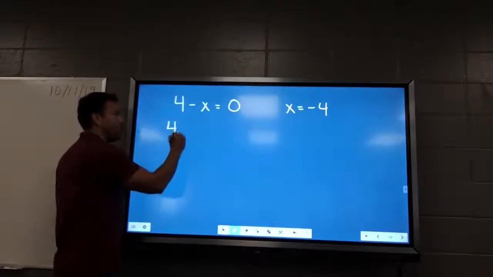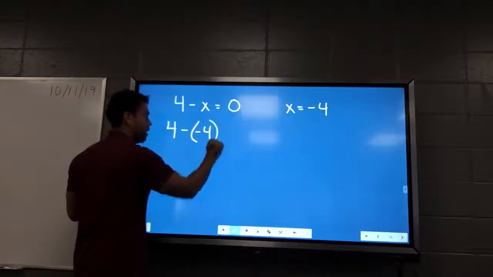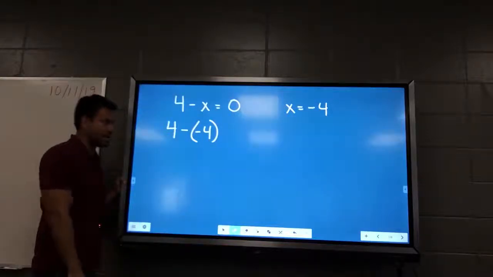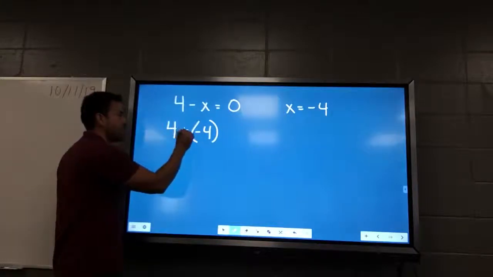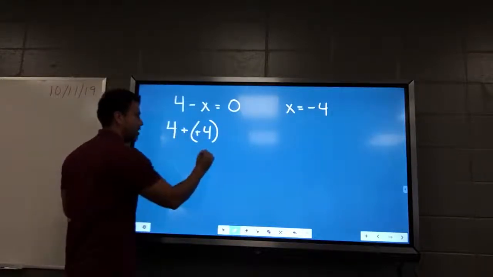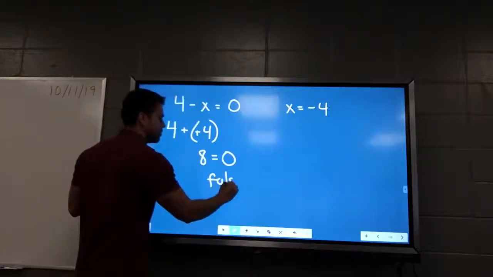Okay, I put 4 minus, in parentheses I should put negative 4. That's important. What's 4 minus negative 4? It's the same thing as 4 plus 4. 8. Does 8 equal 0? No. That's false.